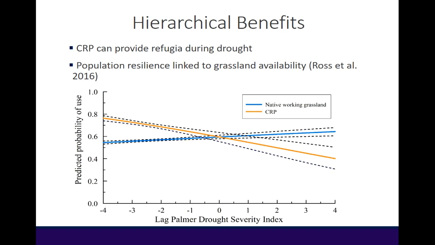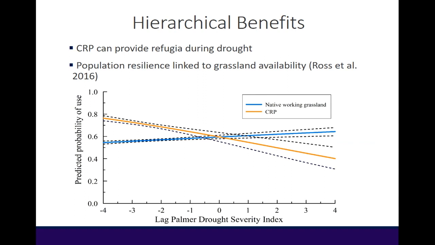What we found with these data was that lesser prairie chickens were more likely to use CRP during years of extreme drought. If you look at this graph, it's showing your drought severity index of -4. That's a more extreme drought. We had birds that were more likely to use CRP during that period. And when we had wetter years, they were more likely to use native working grassland.